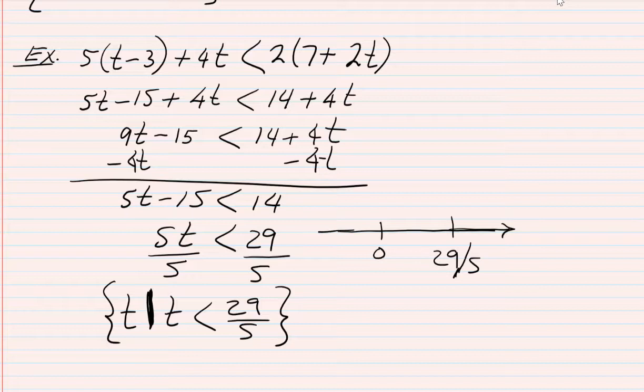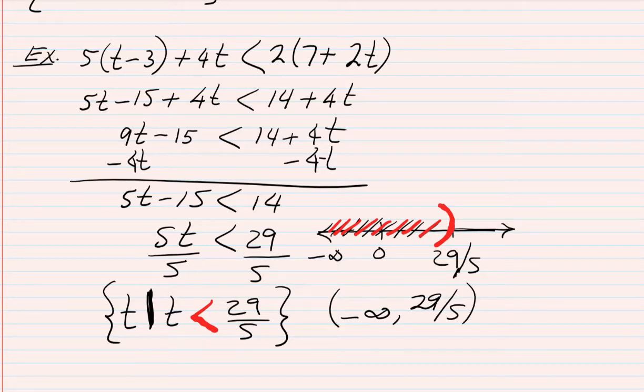And again, it so happened on all of these, the ones I've done, everything was less than, and in none of them did I have to change the direction. Now this time, because this is a less than symbol, that means I need to have parentheses here. And indeed, that will be this shaded region. So the solution in interval notation is going to be negative infinity to 29/5.